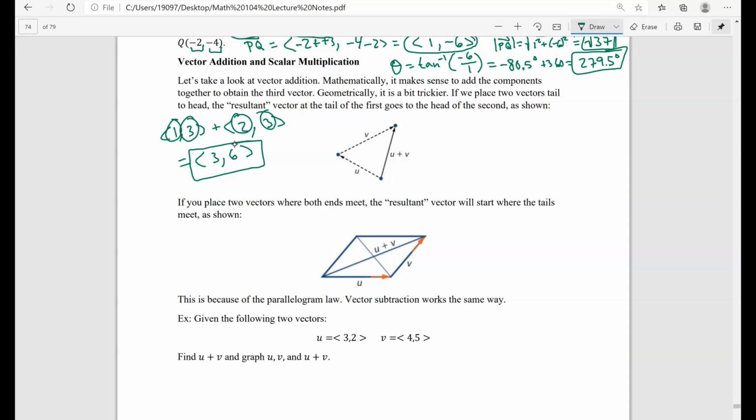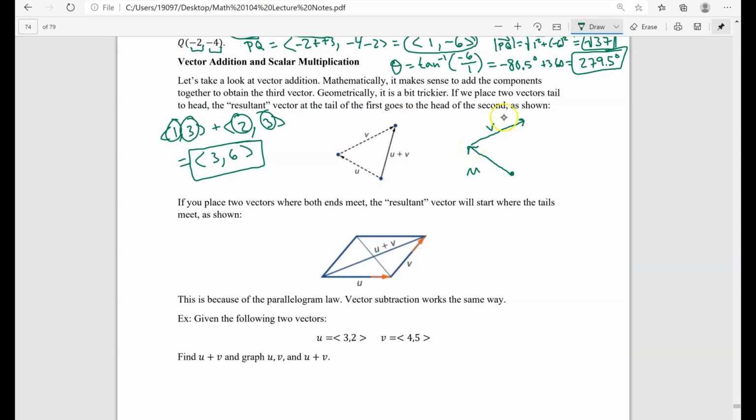If we place two vectors tail to head, the resultant vector goes from the tail of the first to the head of the second. So this is basically how you do it. It really depends on how you're forming it. Let's say this is vector u, and here is vector v.